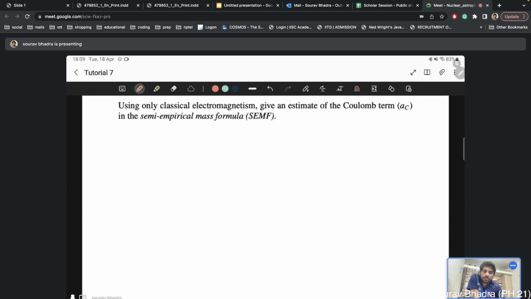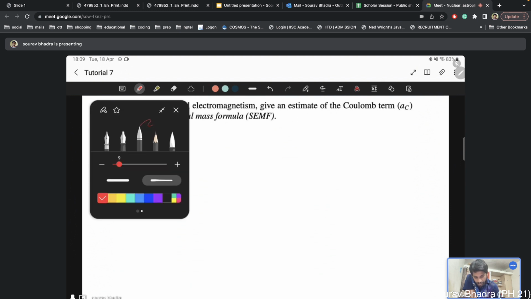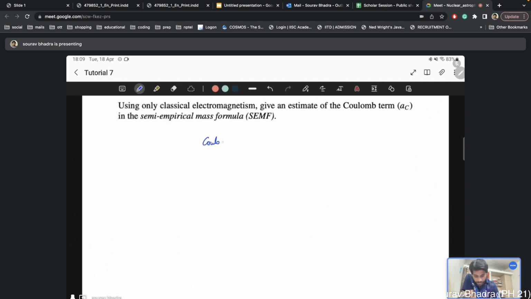There are several terms, and if we write the Coulomb term only, it will look like a_C Z(Z-1) divided by A to the power 1/3, where Z is the proton number, A is the mass number and a_C is the constant. So actually we want to find that constant a_C by some approximate idea from classical electromagnetism.